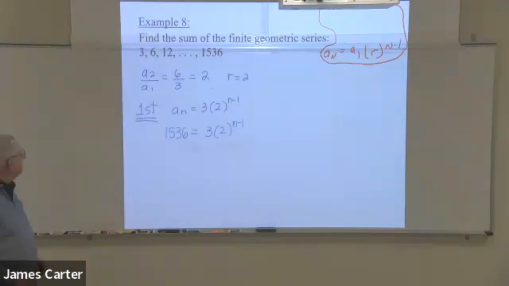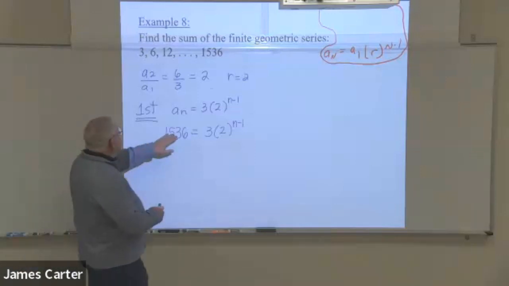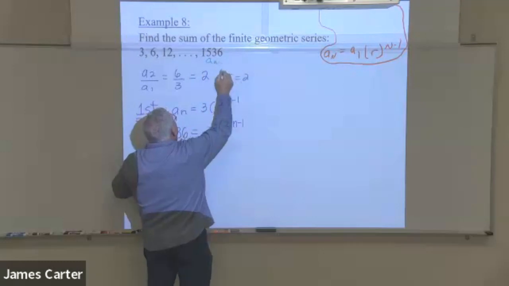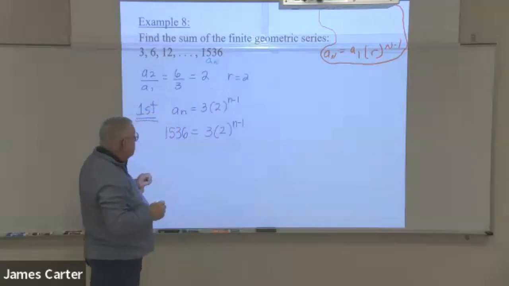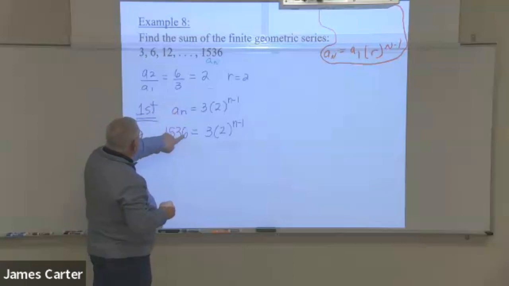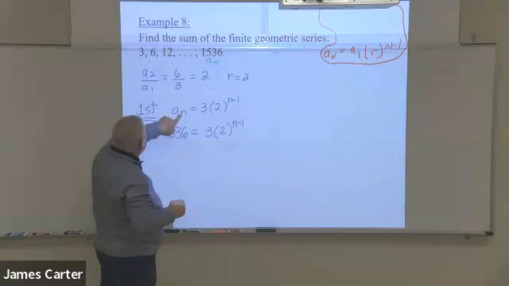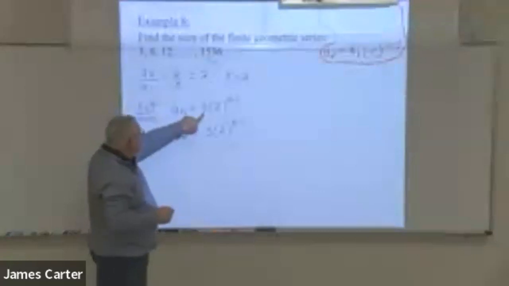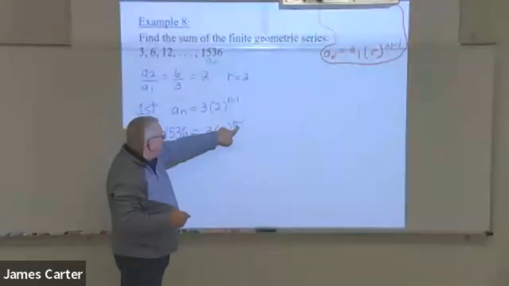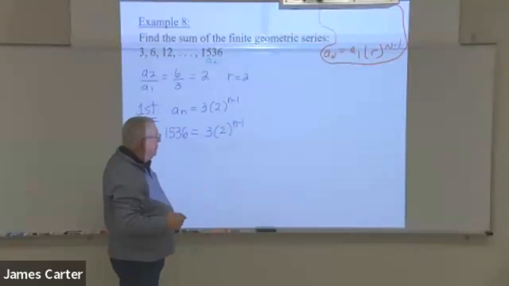Okay, now, what we're doing here, this is the nth term. So we're replacing this 1536 with this a sub n. Here we got our first term. Here we got our common ratio, and then here we have our power.